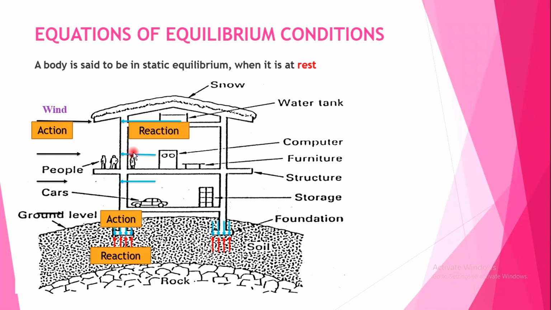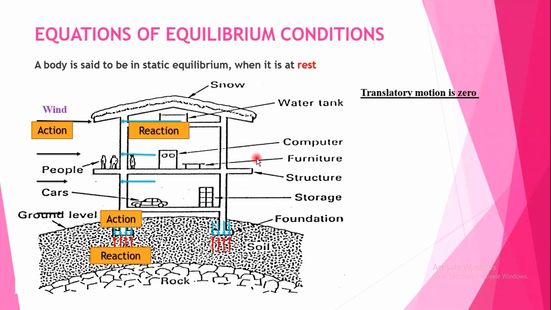The reason is there is a reaction which is opposing this wind load. So this action and reaction will be equal, so it is in balanced condition. The entire structure is not moving in the horizontal direction and also it is not moving in the vertical direction. So we can say the translatory motion of this structure is zero.